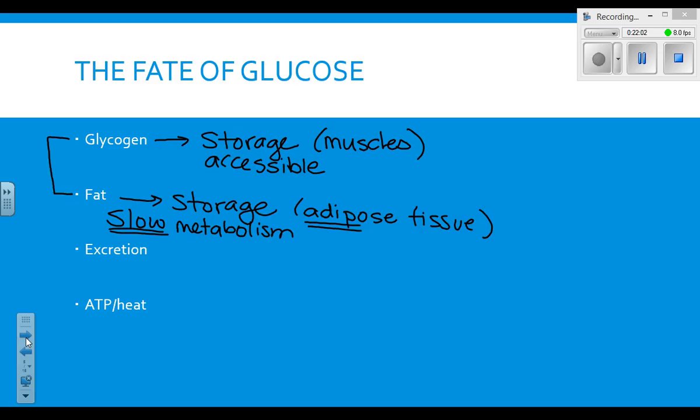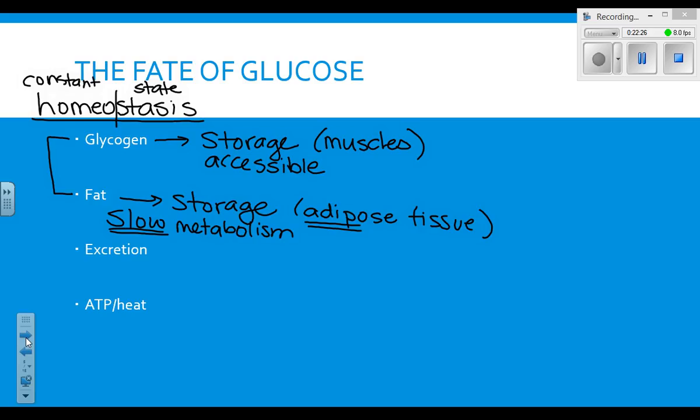One of the things that we'll talk about a bunch during this whole course is the idea of homeostasis. So I'm going to remind you what this word means. Constant state. Your body has an optimum level of glucose that should be in your blood.